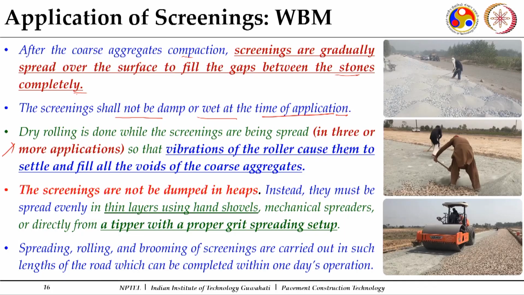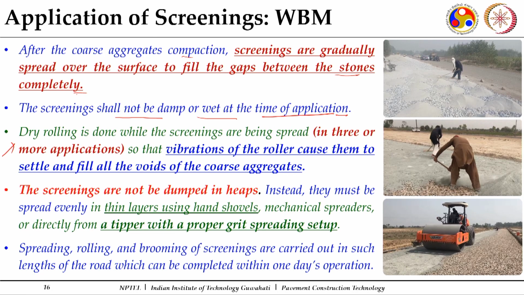By the vibrations and compactive effort of the rollers, the screening material goes inside the voids and settles to fill the voids of the coarse aggregate. This is an intelligent exercise which has to be taken care of while applying screenings over the compacted coarse aggregate bed.